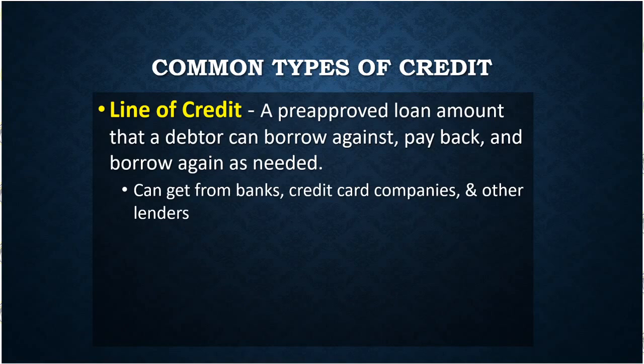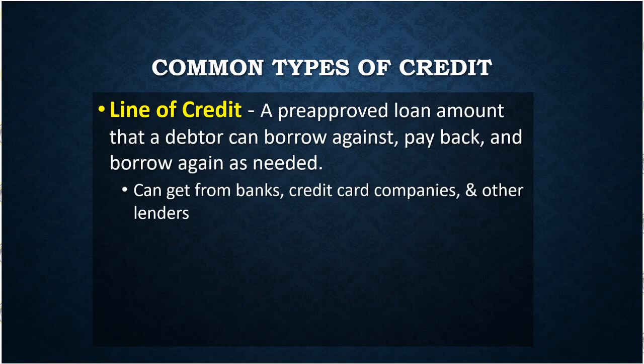So we go and talk to the loan officer and say, well, this is what I'm planning to do. I think I'm going to need about this amount of money. They approve that amount, and then they will put that amount you're approved for in an account at their bank, and you don't have to pay any interest on it or anything until you take it out of that account.